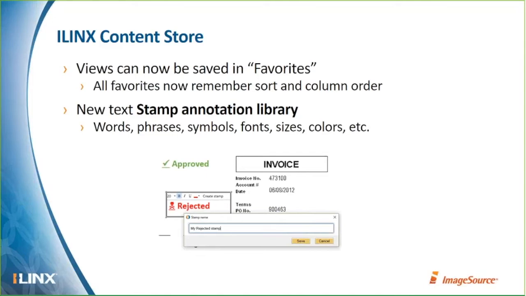So I could just right click, I want to apply my approved stamp, boom, it's done. I want to apply my rejected stamp, boom, it's done. And I have that library available to me not only in Content Store, but also in Capture. So if I'm routing images around through Capture, I have the same set of annotation library capabilities. And your administrator can also build and provide those out to your user community as well.